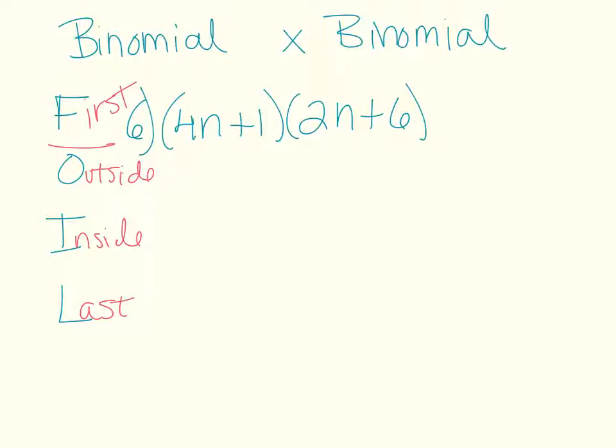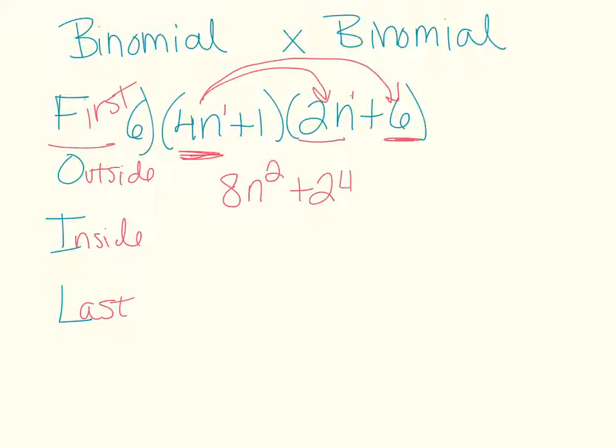Well, first means take your first two terms, so 4n and 2n, and multiply them together. Well, that would give me 8, and then n times n, since they both have a power of 1, is n squared. Outside is the two terms on the outside of both of your binomials. So 4n times 6, which would just be 24n.